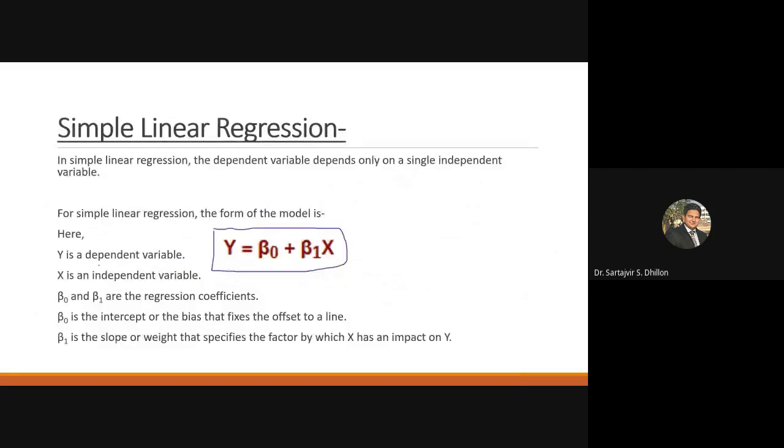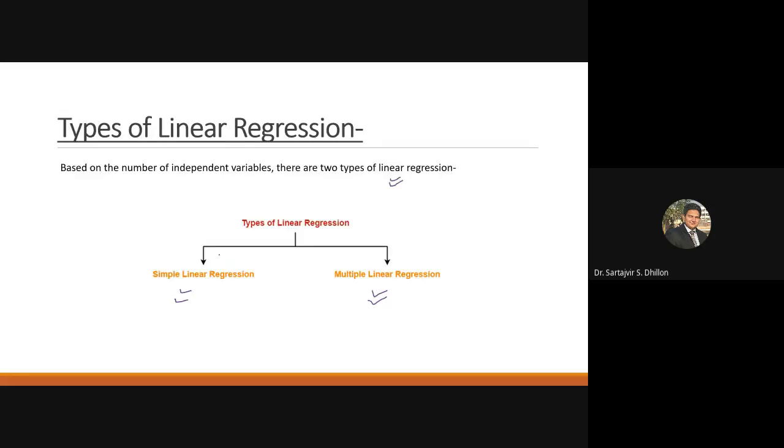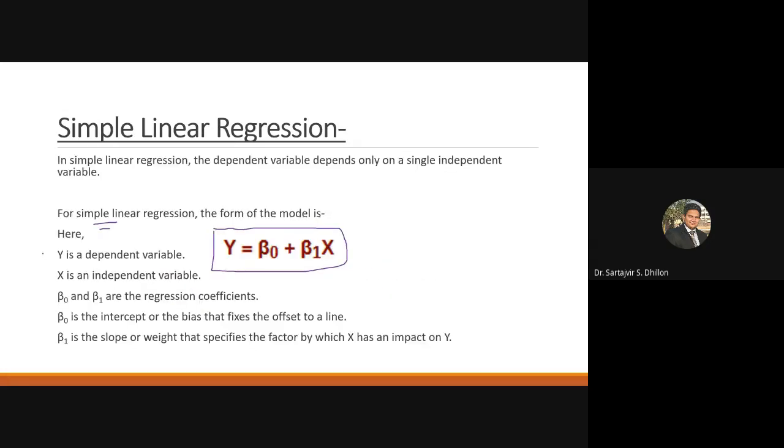Let us mark it as this solid line in this kind of format, where y is the dependent variable and x is the independent variable, and b naught and b1 are the regression coefficients. In actuality, b naught is an intercept or a bias that fixes the offset of the line, and b1 is a slope or weight that specifies the factor by which x has an impact on y.